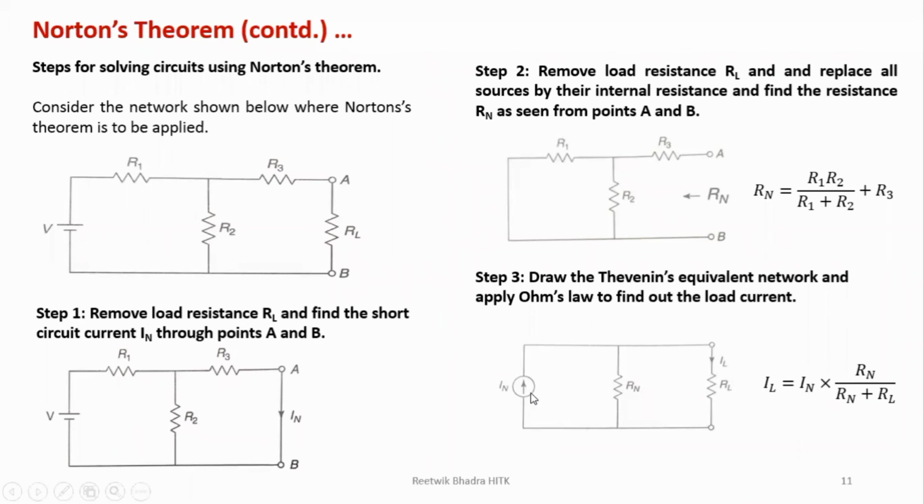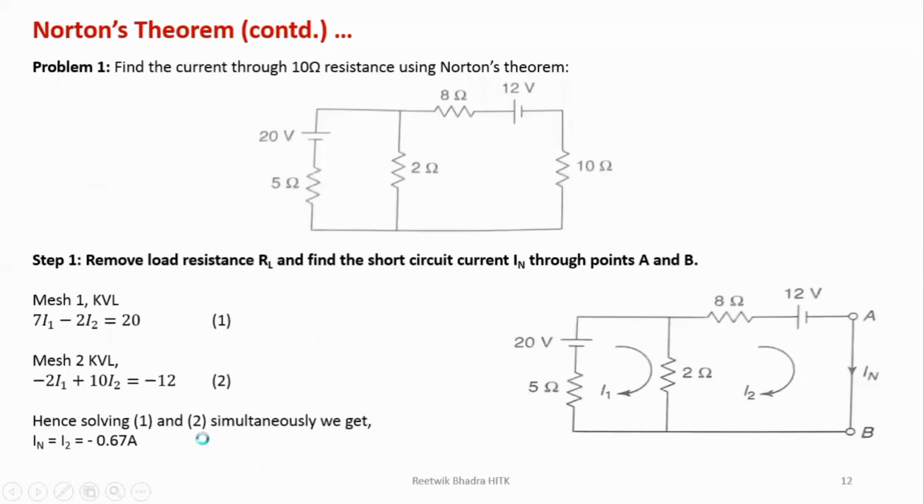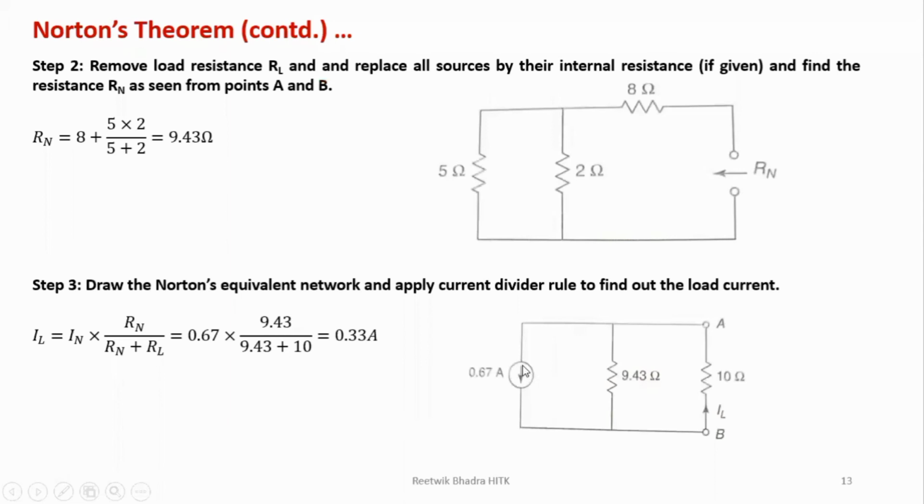So if my IN comes out negative, this direction will change. So this IL direction will be from bottom to top. That's what I have used over here. It was going in the downward direction, so IL is from bottom to top. I always try to keep my answer positive. That's why I have changed this whole direction over here.